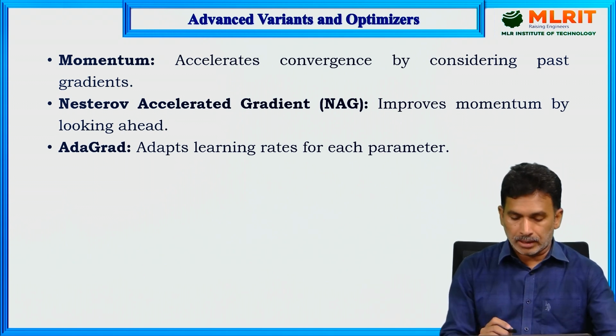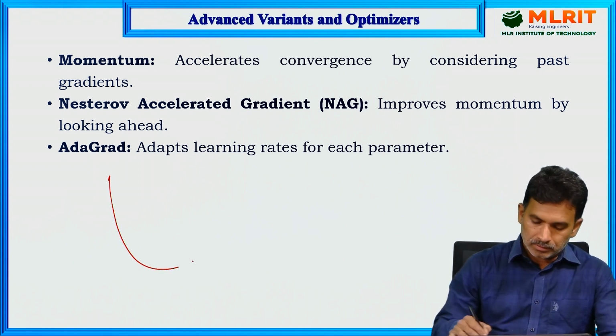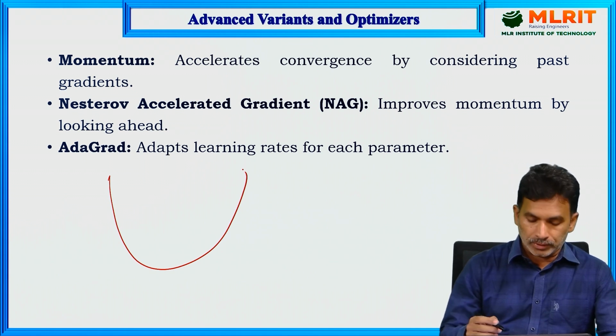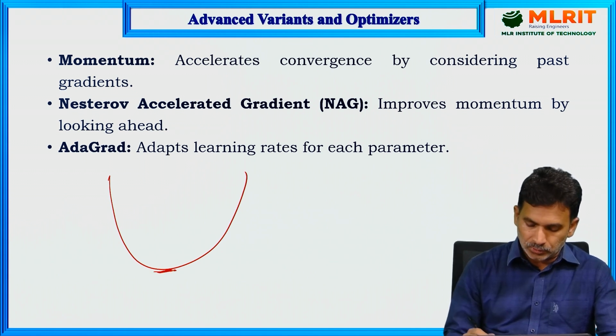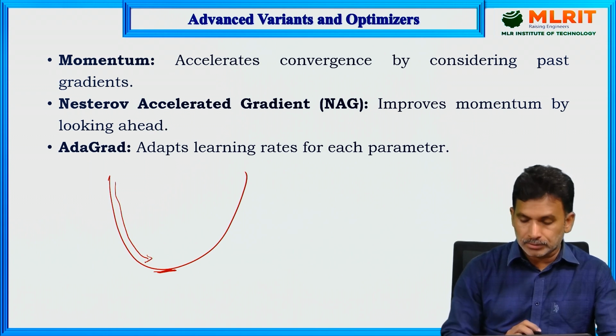Next, AdaGrad. When the gradient is moving towards the optimal solution, we have to consider the velocity.